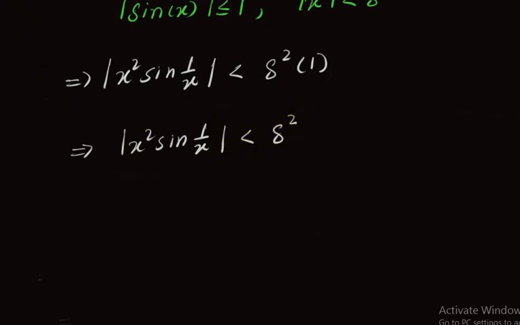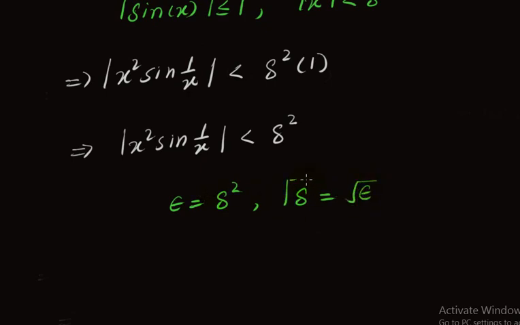Remember, we need a relation between delta and epsilon. If we choose epsilon equal to delta square, then delta is equal to the square root of epsilon.